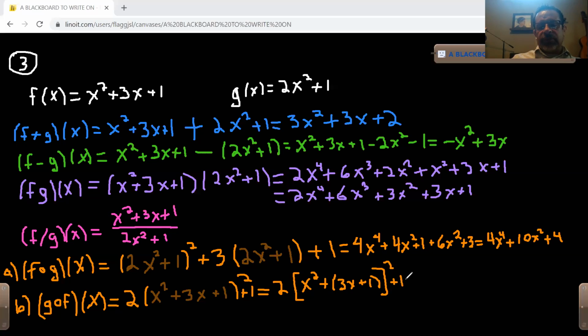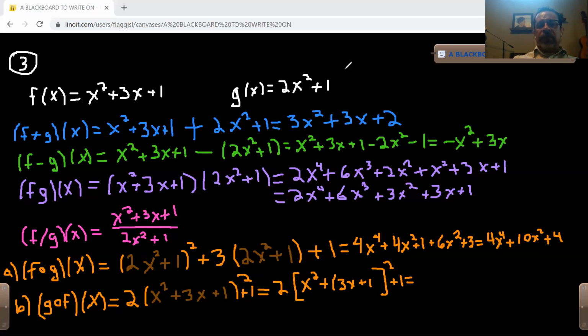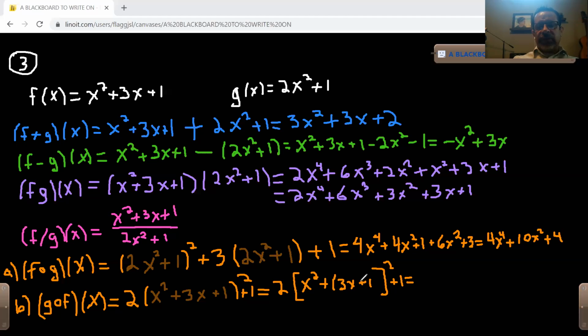I haven't done any operations here. I'm just organizing this. So basically what I've done here is to just group the 3x plus 1 using the associative law. I'm leaving the x squared and grouping the 3x plus 1 here.